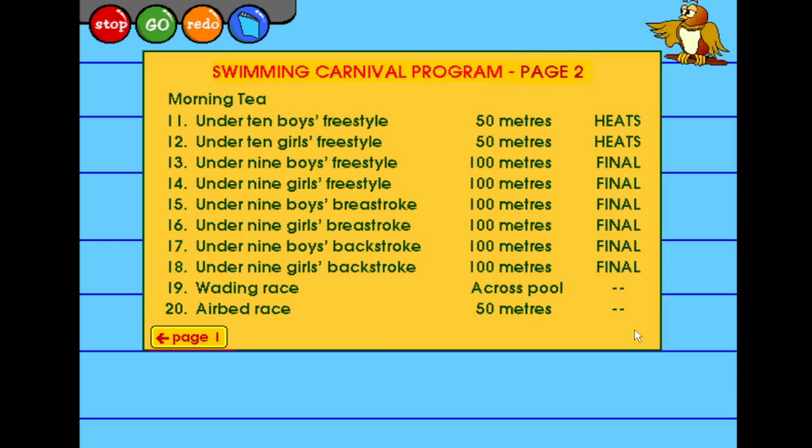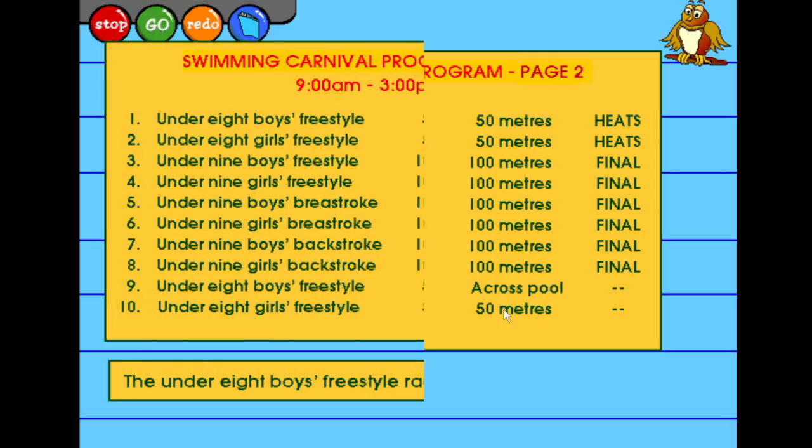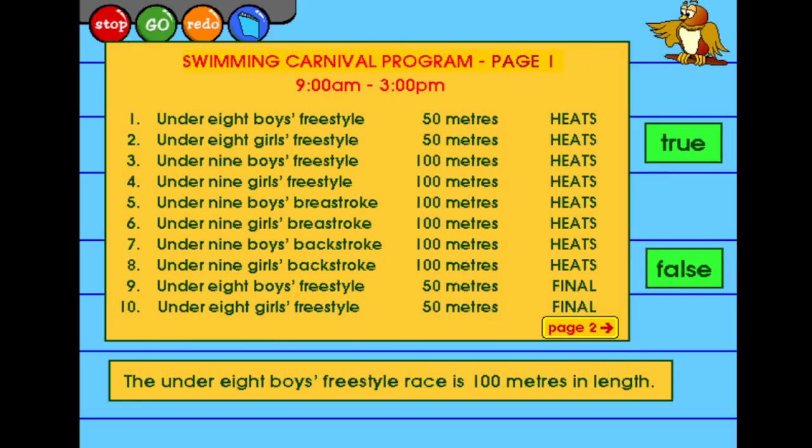Study page 2 of the swimming carnival program. Click on the book if you would like me to read these statements about the swimming carnival. Click on the statement for help.